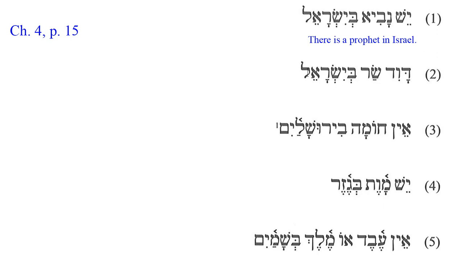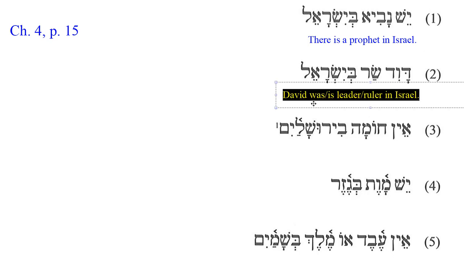The last part is the same as the previous example. So we have David, sar, ruler or leader. So literally we have David, leader in Israel. But because we have two nouns here, David and leader, we could say David was, or possibly is, leader in Israel, or ruler in Israel.